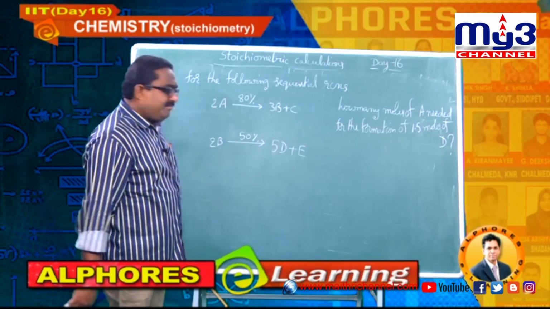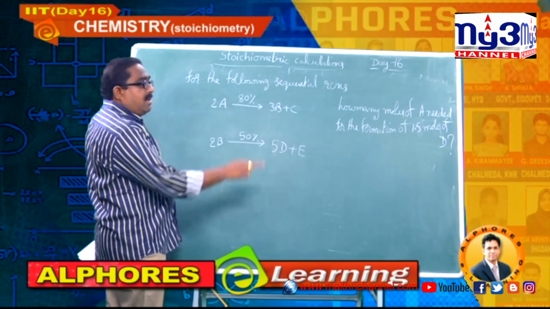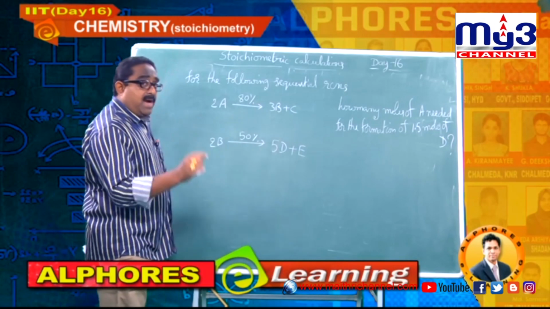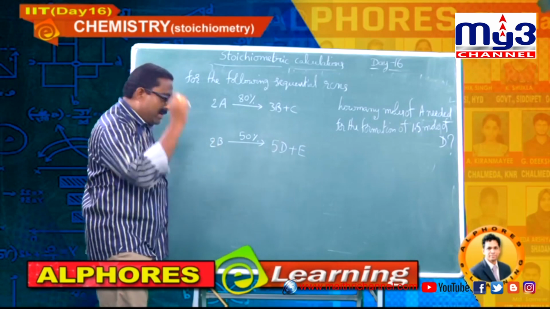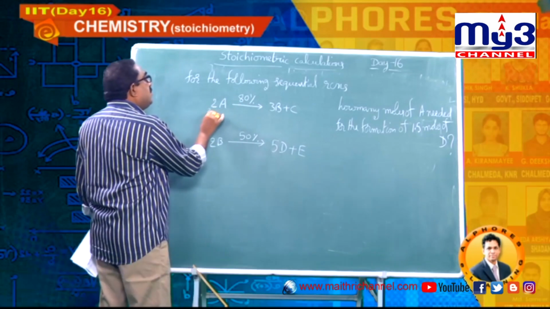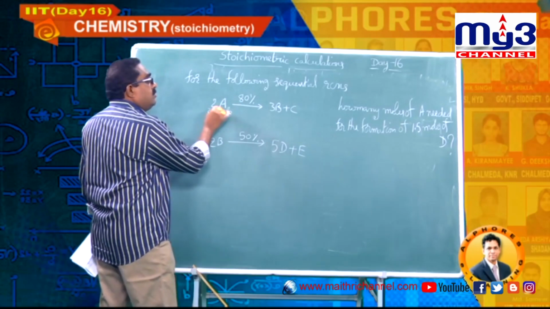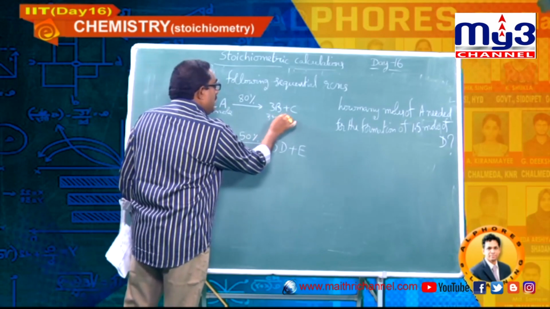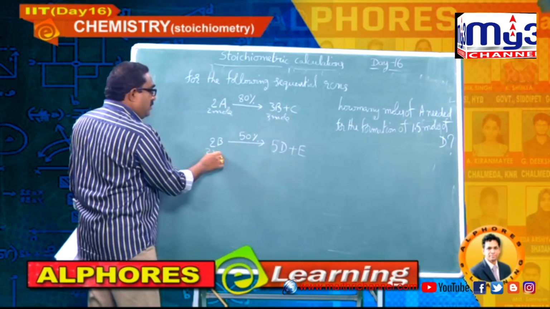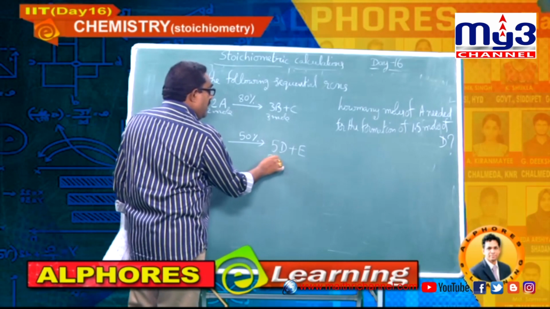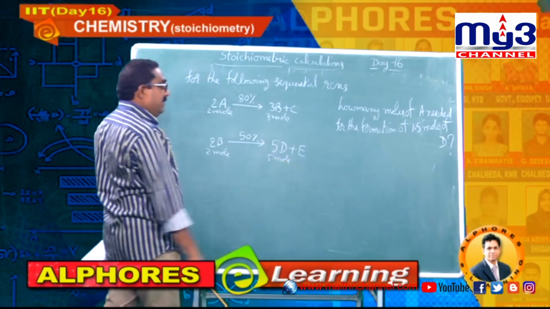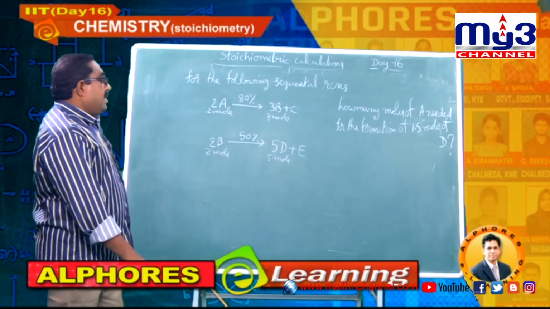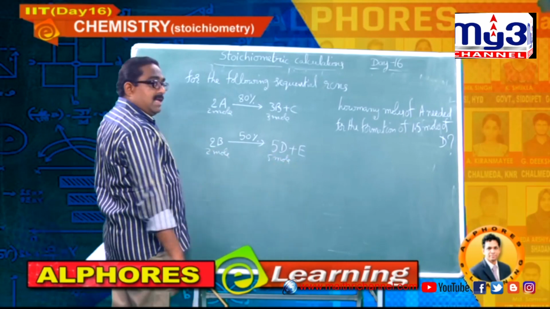Let me apply. Now what is the requirement? As 1.5 mole of D finally we should get. Before that I am going to write moles as usual, 2 moles, 3 moles, only required moles I am writing. Here 2 moles of B, so we will get 5 moles. For the second one I am doing calculation.